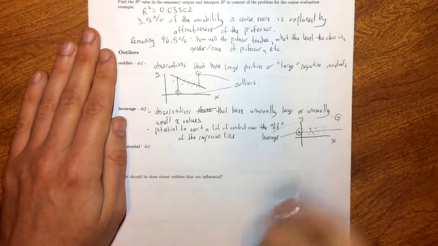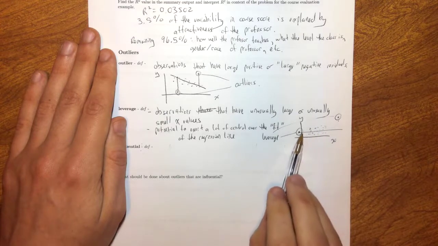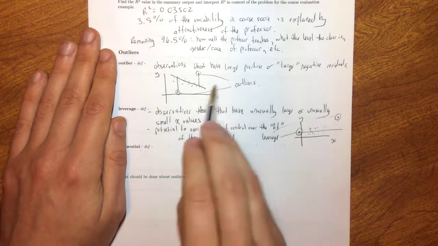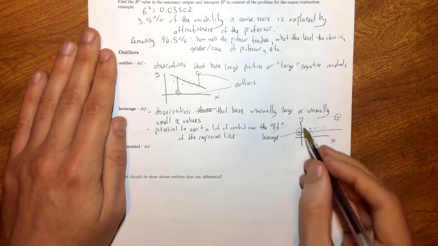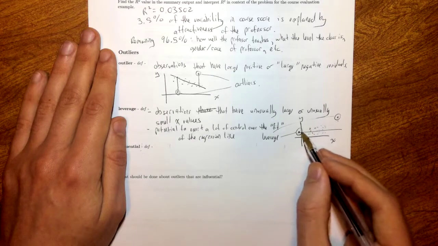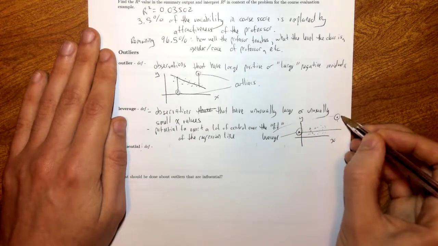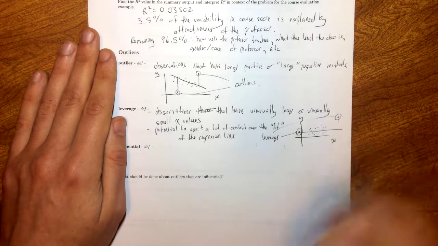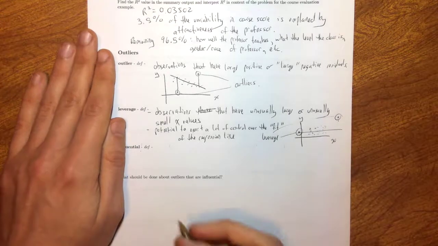If that was your fitted regression line, note that just because a point is leveraged doesn't mean it's an outlier. For example, this point is leveraged, but it's not an outlier because it's pretty close to the fitted line. This point is leveraged, and it is an outlier because it's pretty far from the line and it has a large x value.